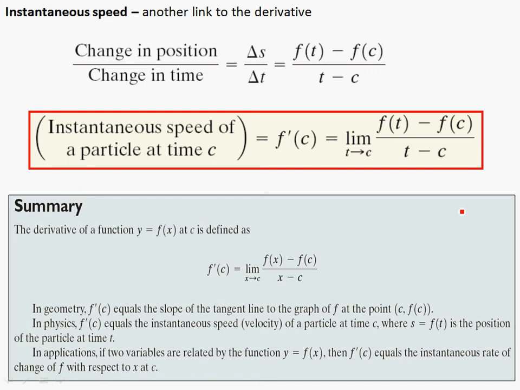Anytime there's a relationship between two variables and you're given that relationship, a function, then the way that function changes can be described with a limit, and you can find that limit. You just take the function, subtract the point that you're interested in, and divide by the variable minus the point you're interested in, which is f of t minus f of c over t minus c. It's the same thing over and over, but it has so many wide applications. This is big stuff.